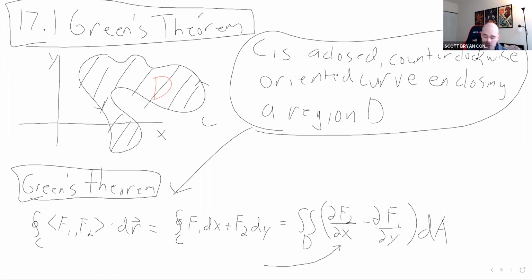So remember, if your vector field is conservative on R2, the way we can check that is we check that those two partials are equal.